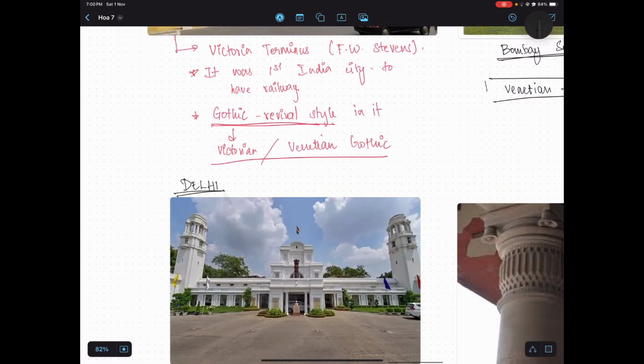So once the Mughals weakened and they lost their power, basically the British Empire took over after it defeated the Marathas.